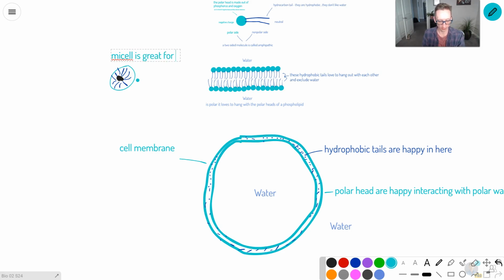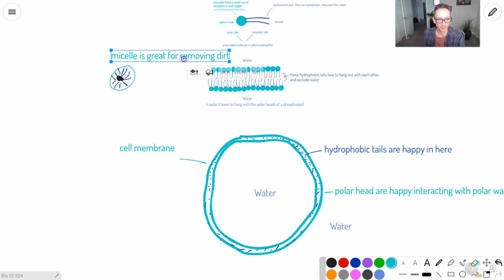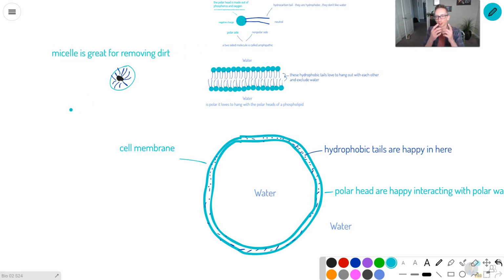It's great for removing dirt. This is also how soaps work. If you've ever used a micellar cleanser, that's what's going on. You have this amphipathic molecule. That's how detergents work as well, that then encapsulate a little dirt particle and allow you to rinse it away. And that's all just based on the chemistry of phospholipids.